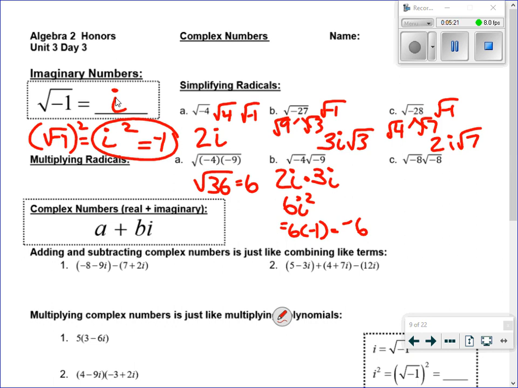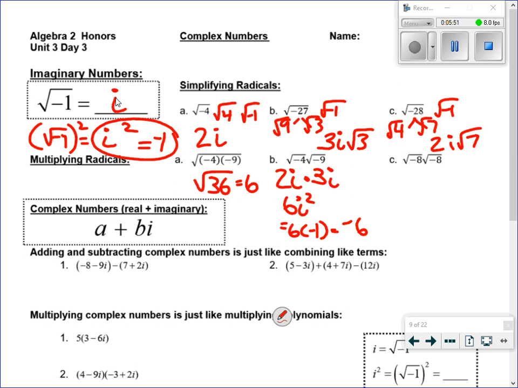If you ever have i squared, you're not leaving it as i squared, because i squared is reducing. Think about fractions. You always got to reduce your fractions, or your radicals. Think about this as reducing a radical. i squared is the same thing as negative 1. So we're always going to have it become negative 1.